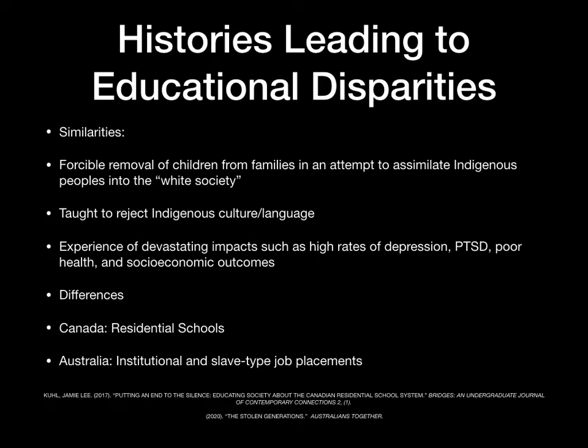So just the whole idea of assimilating into the dominant society and then stripping away everything that attributes to your traditional culture and language practices, and turning into the experience of devastating impacts such as high rates of depression, PTSD, poor health, and socioeconomic outcomes that are felt very heavily in both countries in the Indigenous community. So tiny little differences in residential schools and the institutional and slave-type job placements, but overall lots of similarities looking at each country, and this has contributed to the same educational disparities moving forward, as we'll see.